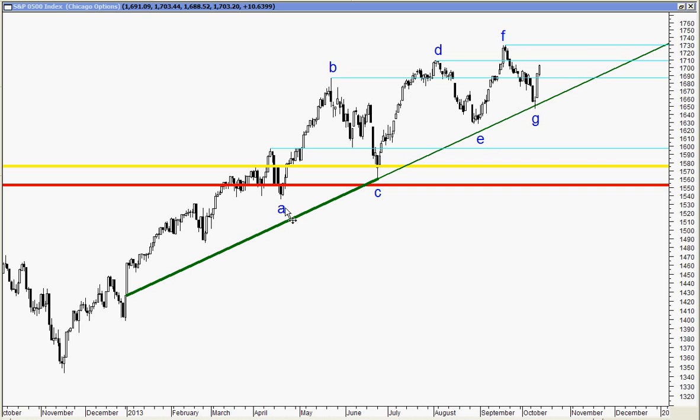So we're creating B higher than A, C higher than A, D also higher than B, E also higher than C and lower than B. Classical wave A, B, C, D, E, F, G, and H should be realized until the end of the year.